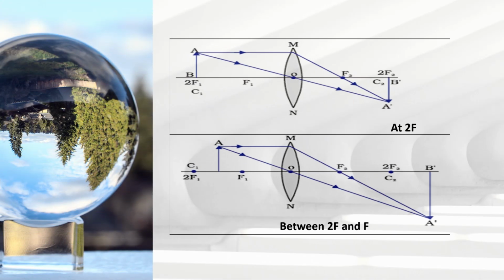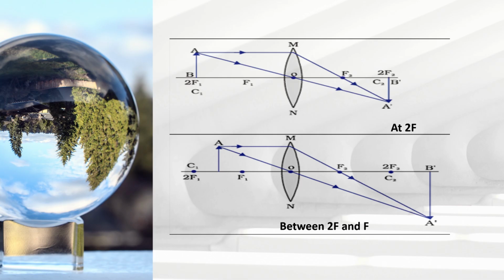Similarly, if an object is at 2f, its image will be formed at 2f on the opposite side, inverted but of the same size. If the object is between 2f and f, its image will be formed beyond 2f, larger than the object and inverted.